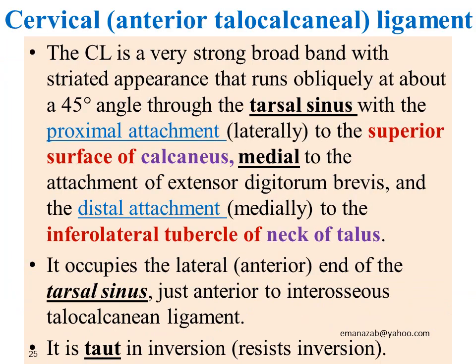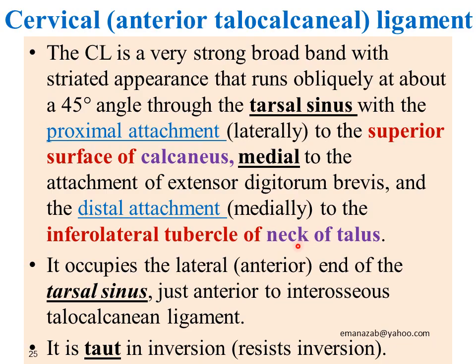The fourth ligament present in the tarsal sinus is the cervical ligament, or anterior talocalcaneal ligament. It is a very strong broad band with a striated appearance that runs obliquely at about a 45-degree angle through the tarsal sinus, with the proximal attachment, which is the lateral attachment, to the superior surface of the calcaneus, medial to the attachment of the extensor digitorum brevis muscle, and the distal attachment, which is the medial attachment, to the inferolateral tubercle of the neck of the talus.